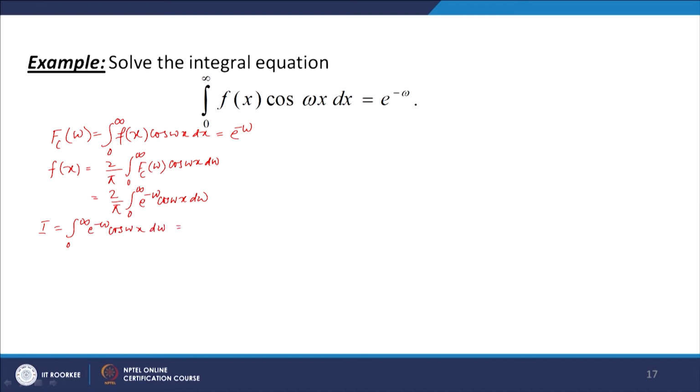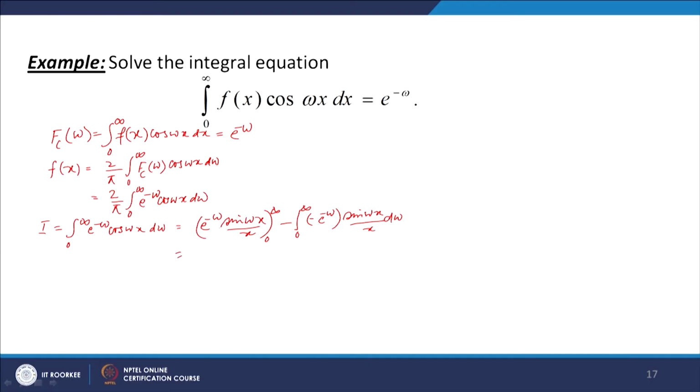Then we can integrate by parts. So e to the power minus omega sin omega x over x, from 0 to infinity, minus the integral from 0 to infinity of minus e to the power minus omega sin omega x over x d omega. Okay.